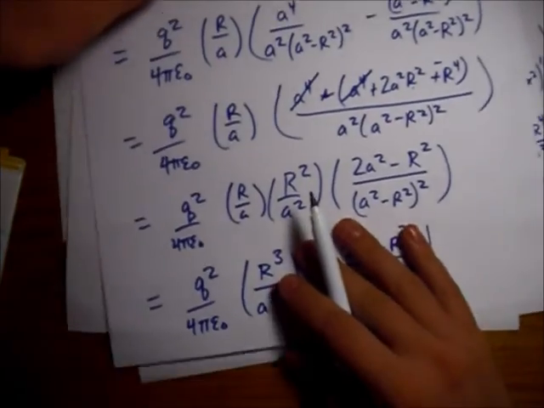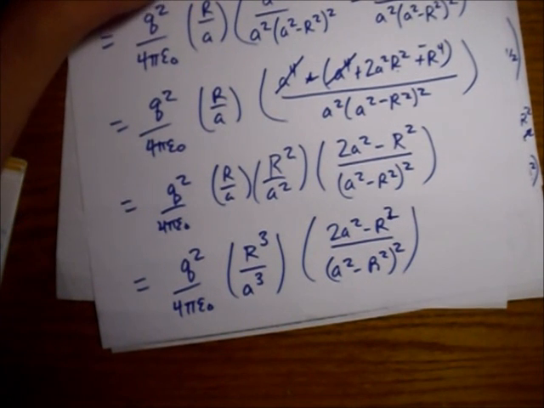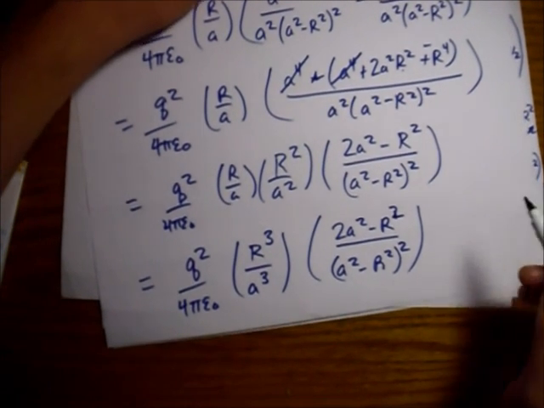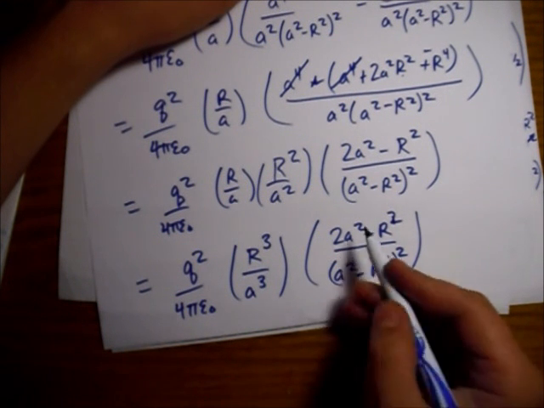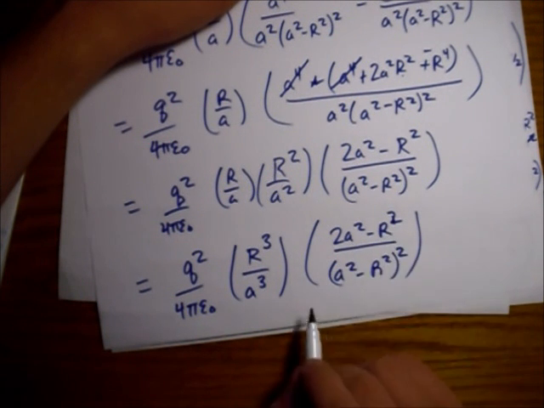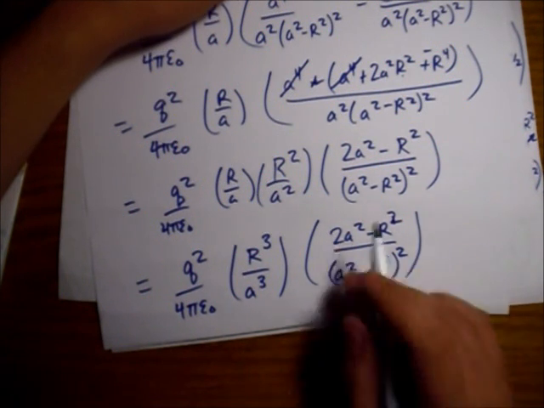All right, and this was for a neutral conducting spherical shell. So A is larger than R, right? So these are all positive quantities here.